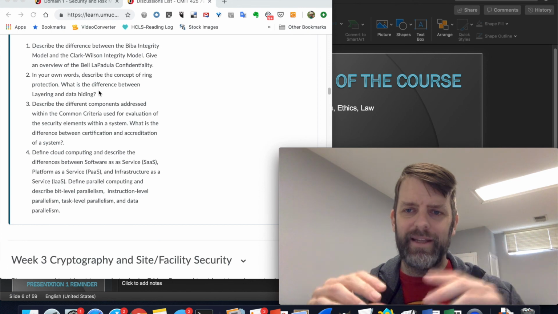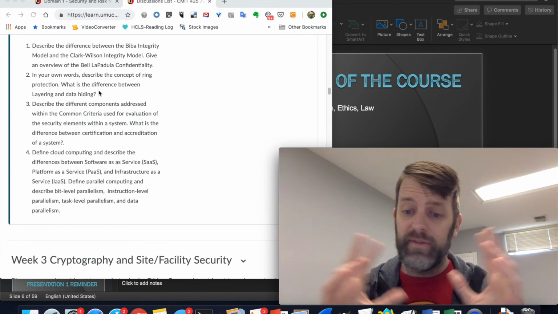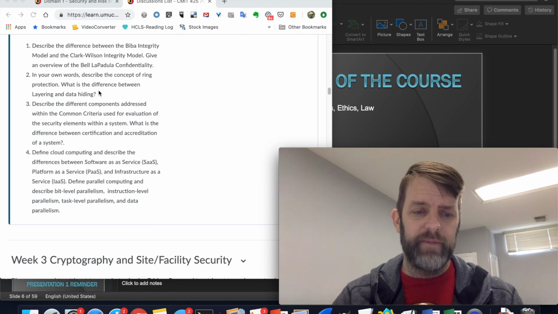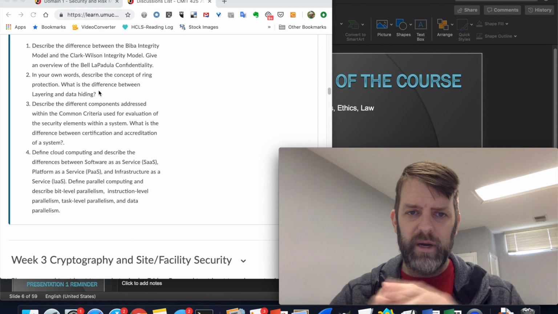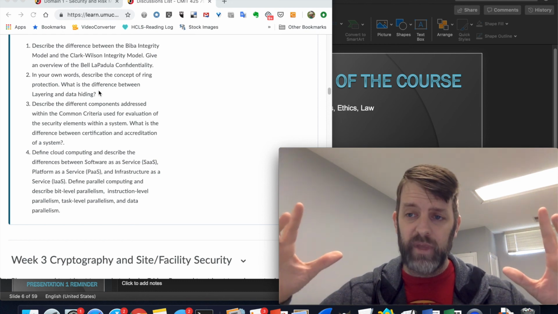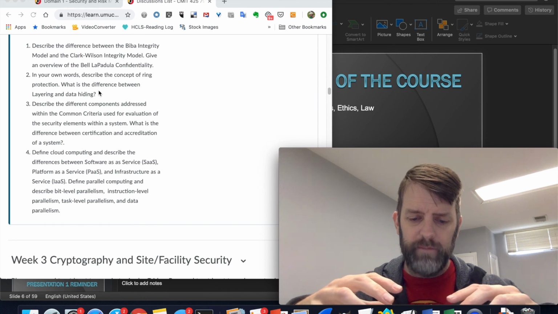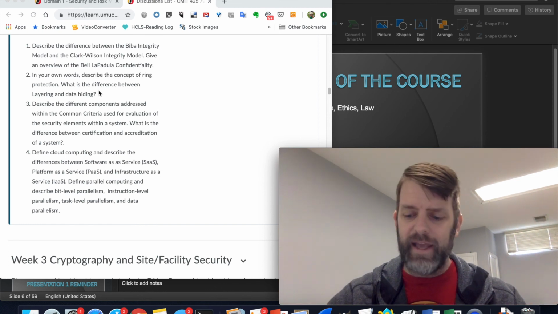Data being treated in parallel, so you're reading, writing data, and it's treated in parallel. This is often the case in like a massive multi-node system, like Amazon's website, right?